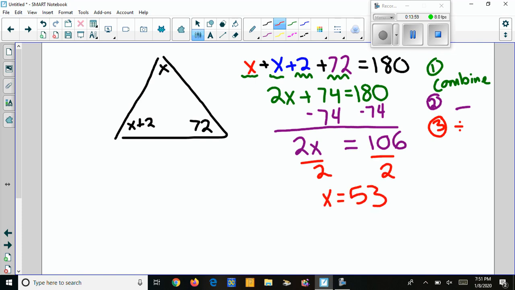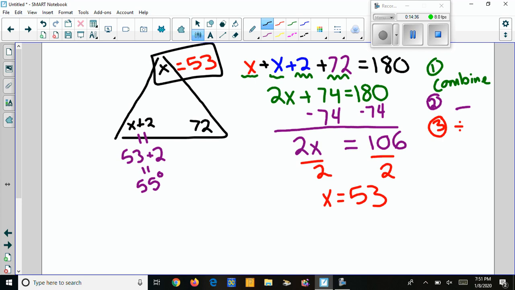It does not tell me what those angle measurements are in the picture. I do know that this one is now 53, but I need to go and look at this x plus 2. It's not x plus 2 anymore, it's 53 plus 2, which is 55 degrees. And so those are the answers that I was looking for.